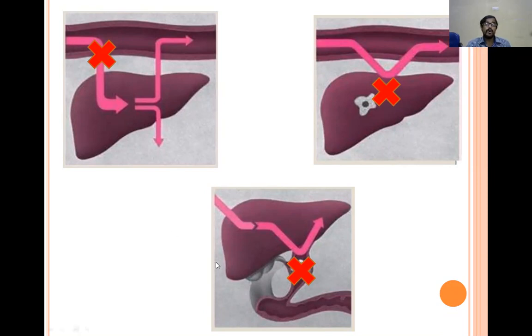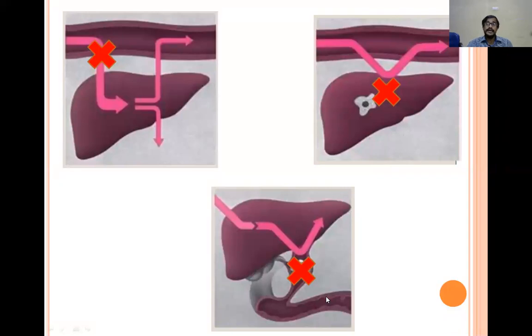Coming to post-hepatic or obstructive jaundice. Here the production is normal and the conjugation is normal, but after conjugation the excretion of the bilirubin is defective. Due to tumors or stones, the secretion of conjugated bilirubin into the biliary tract and intestine is defective. That's why conjugated bilirubin is increased in obstructive jaundice.